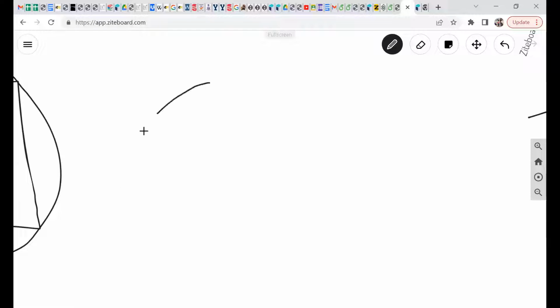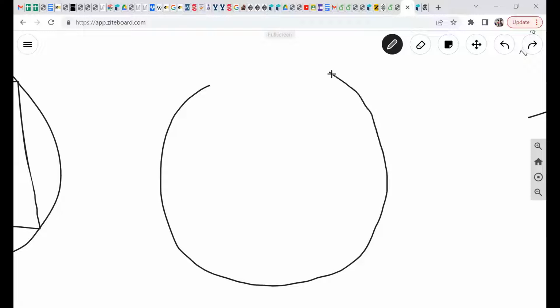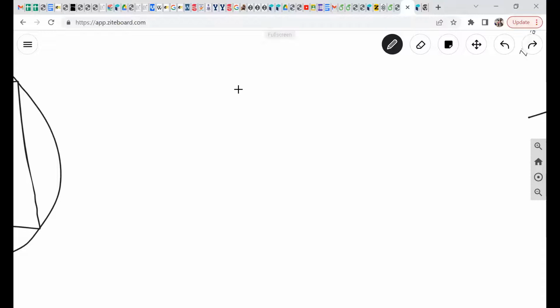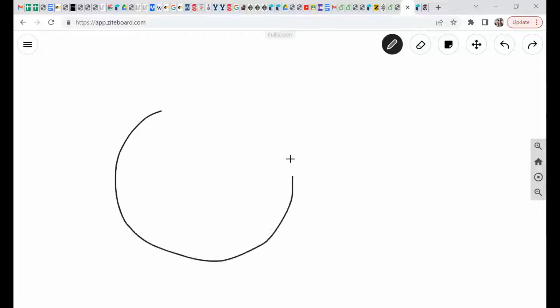First of all, this might be pretty basic geometry stuff, but I think it's important to see where these come from. So first of all, let's say we have a circle.